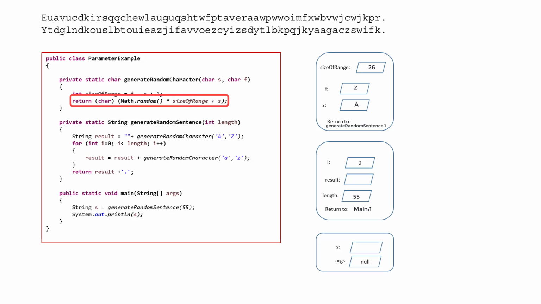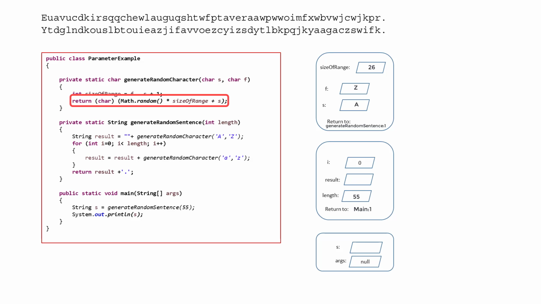This code is going to generate a random integer. The range of it is going to have S at the bottom, and it's going to be 26 values wide. And then it's going to take that and typecast it into a character.